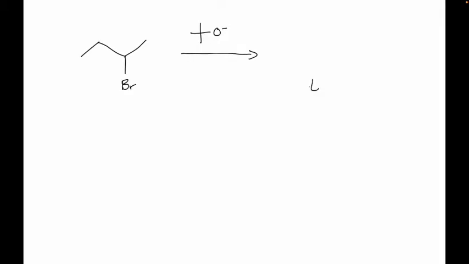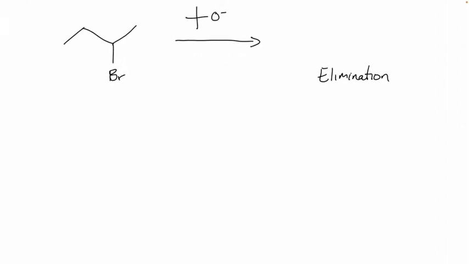What would be the elimination product of this reaction? What's the functional group of an elimination reaction? Yes, all right, good thing we're reviewing. Alkenes, double bonds is what you get for your elimination reactions.